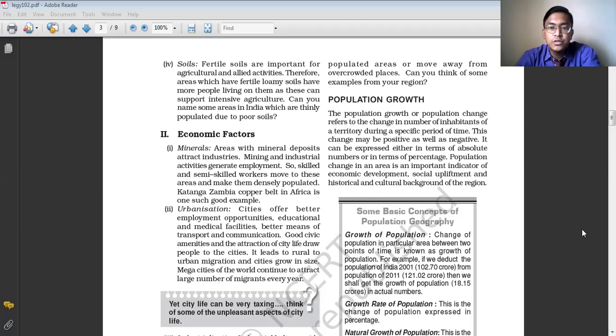But the population growth is always expressed in percentage. So we will convert this 1 lakh, the total number of people, into percentage, and we will get the growth rate of population.